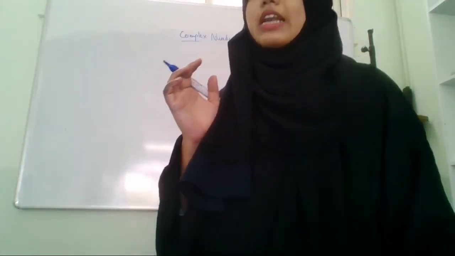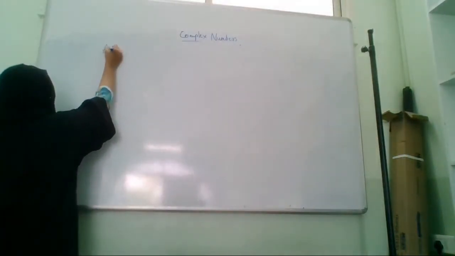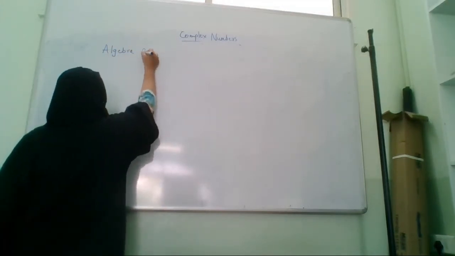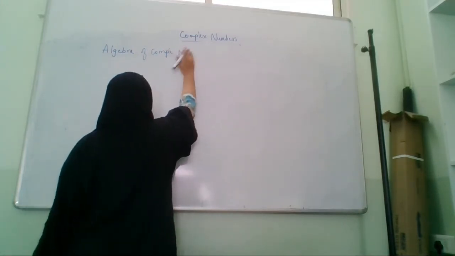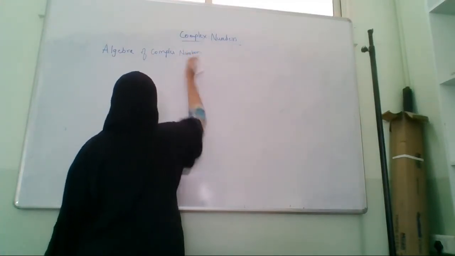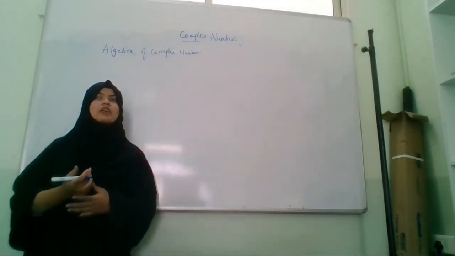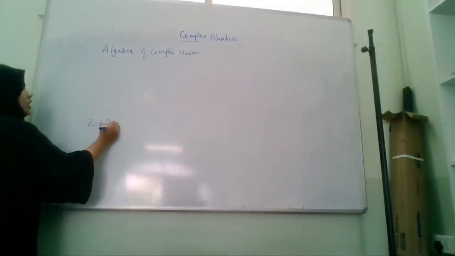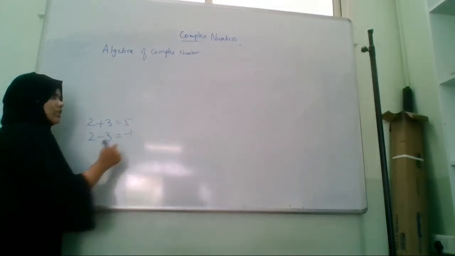Now, the next topic is algebra of complex numbers. First of all, tell me what do you mean by algebra? Algebra means, now tell me, 2 plus 3 is equal to 5. 2 minus 3 is equal to minus 1, right?